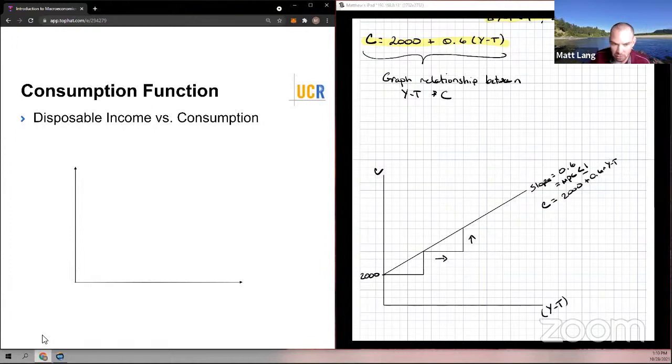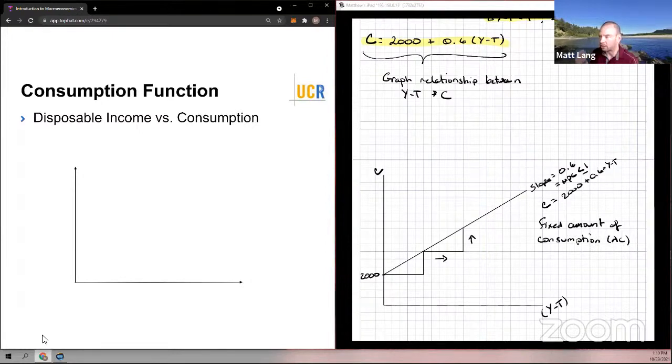And so what is this really representing? What is this telling us? We have a fixed amount of consumption, which is our autonomous consumption. That's our intercept right here.